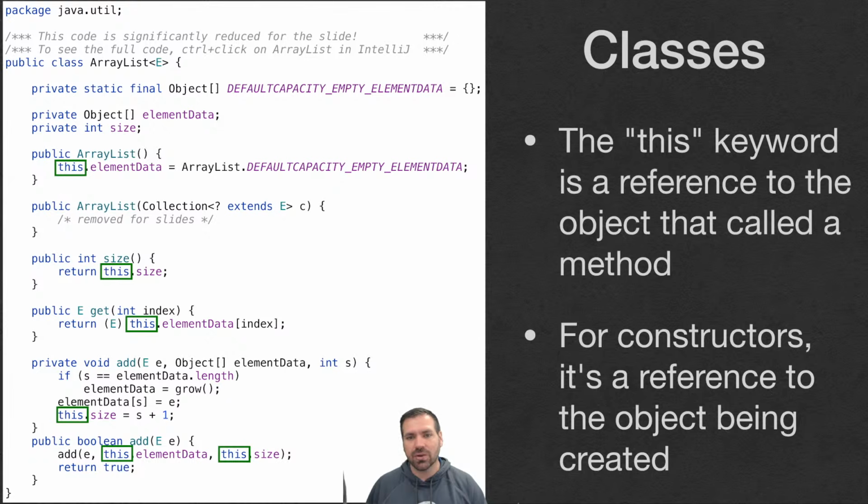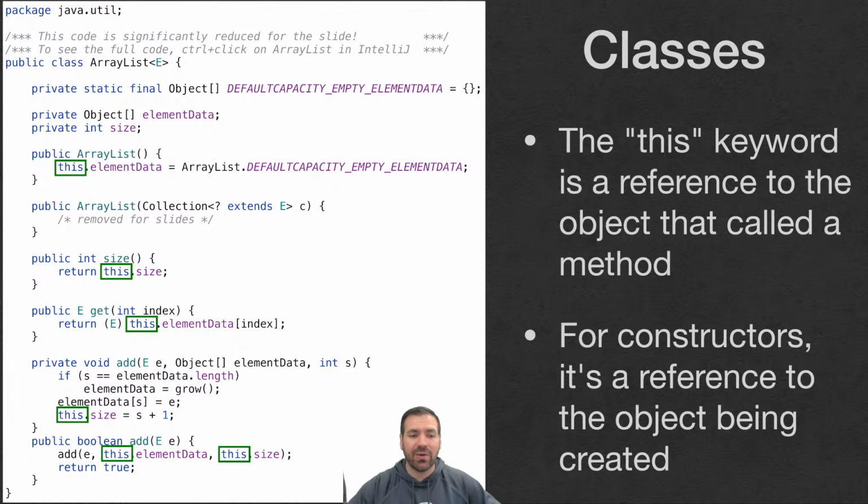This class is used to create many ArrayList objects. We're interested in those objects. That's why none of these methods are static. We have one static variable, which is shared across every ArrayList for the reasons we discussed earlier. So we're only creating one empty array for optimization reasons. Otherwise, everything is non-static. I want to know about a specific ArrayList. I want to add a value to a specific ArrayList.